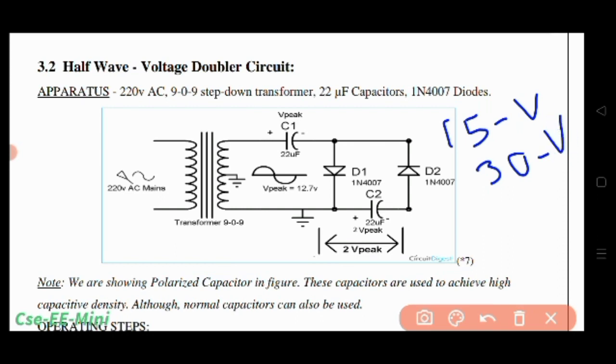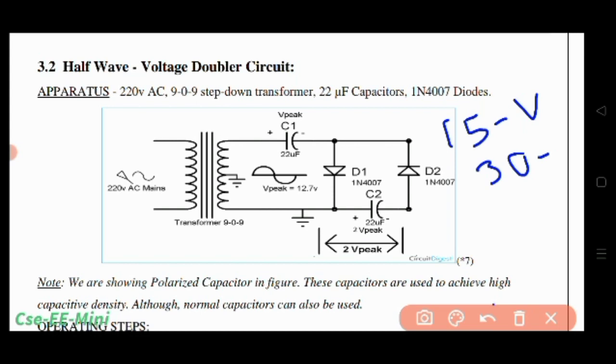V peak refers to the highest voltage we can get from the AC voltage source, since the AC voltage varies as a sinusoidal wave. So we want to start from a lower voltage range, and according to our need we will increase it by increasing the stages in the AC to high voltage DC circuit. So for low voltage DC we are using the step down transformer.